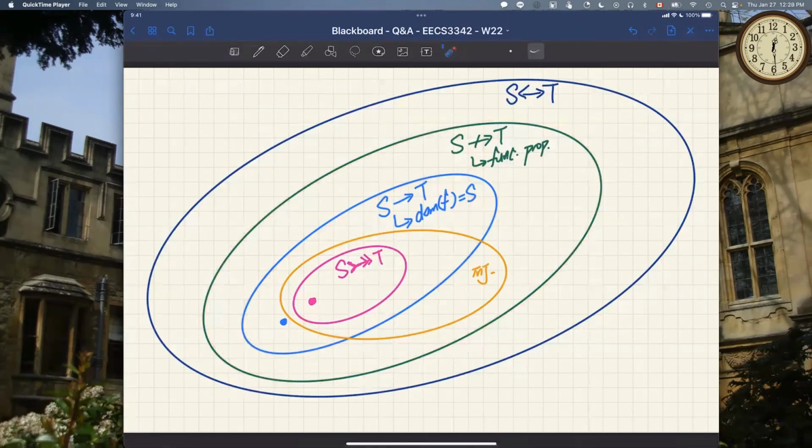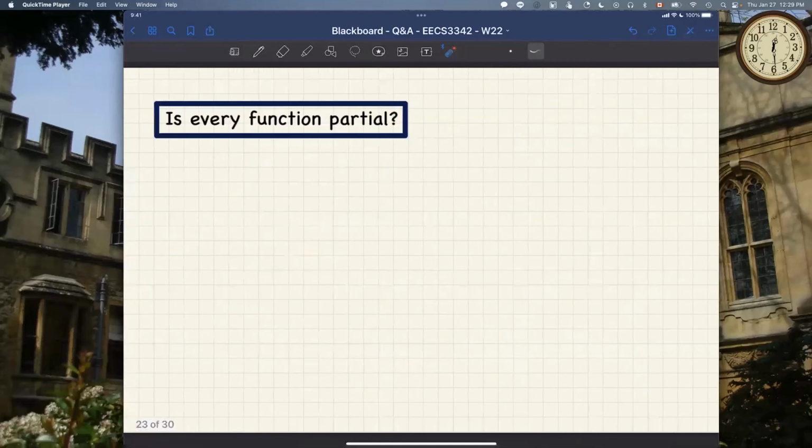All right. Any other follow up before I move on? Anybody? Okay. Very good. And I believe there's one more question from the Google Doc, and this one has been answered already, right? Is every function partial? Yes.